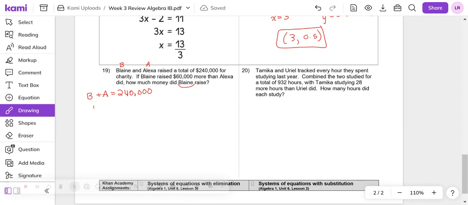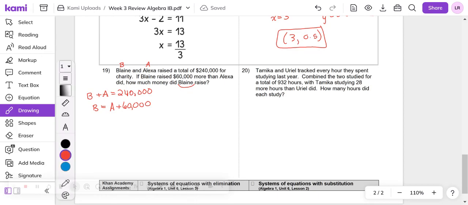So Blaine raised, his amount equals, it's $60,000 more than what Alexa is. So if I take Alexa's money and I add 60,000 to it, that's going to be Blaine's amount. Okay, so I examine what I got here. I have two equations, so this is a system.